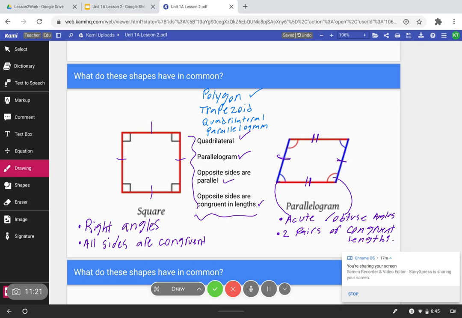Both are quadrilaterals because they have four sides. Both are trapezoids because they have at least one pair of parallel lines. And finally, both are parallelograms because they have two pairs of parallel lines, where opposite sides are parallel.